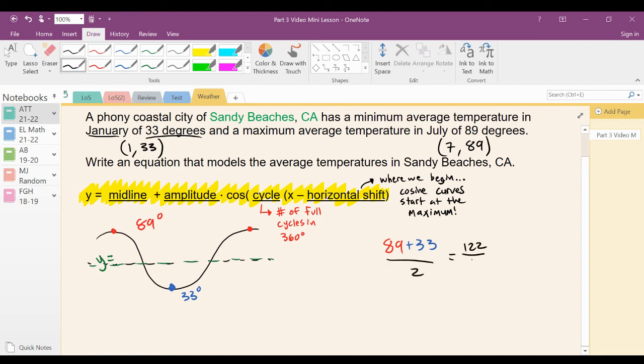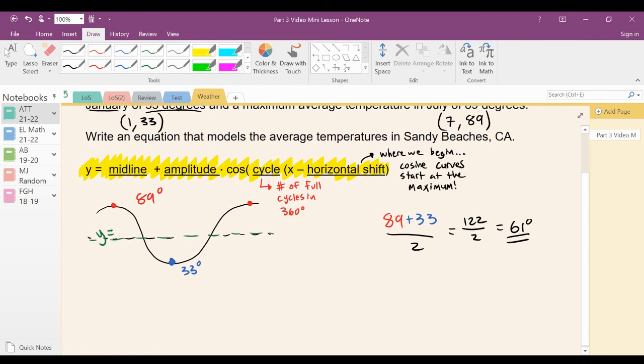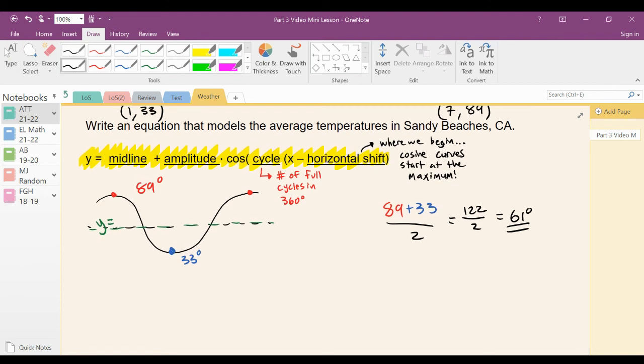It gives me 122 over 2, or 61 degrees, as an average of the highest and lowest temperature in Sandy Beaches, California, which tells me that my midline is at 61 degrees. So as far as writing my equation goes, I know that first chunk is going to be 61 plus amplitude times cosine, my cycle, and then any kind of shift that we have going on here. So I've got that first part, my midline at 61 degrees.